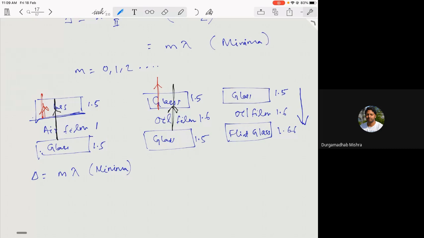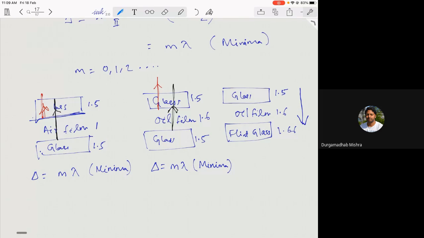But for the black one, there is no phase change. So again, the situation is very similar to the one we just saw, and the condition will remain the same. So m plus half lambda will be maximum.